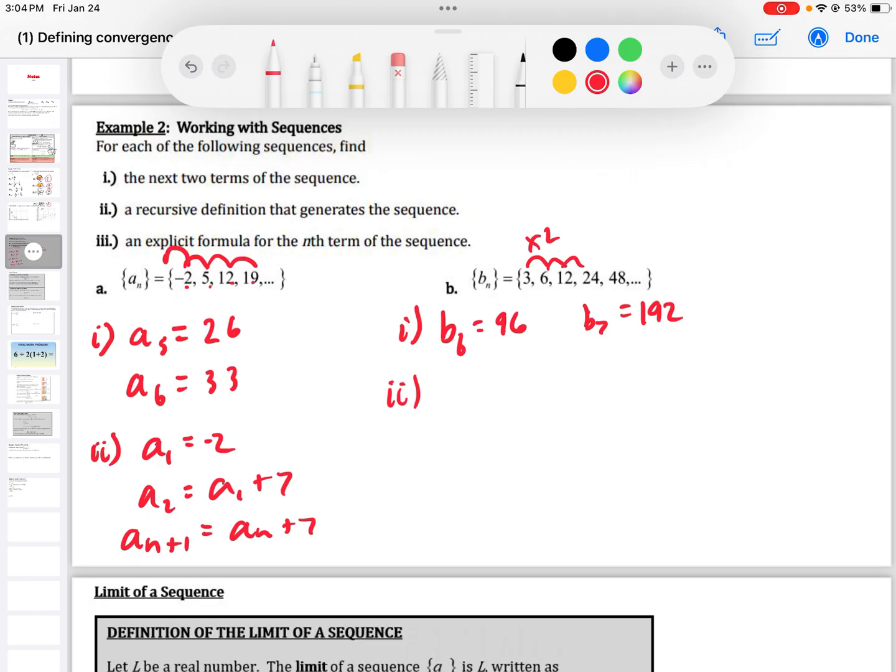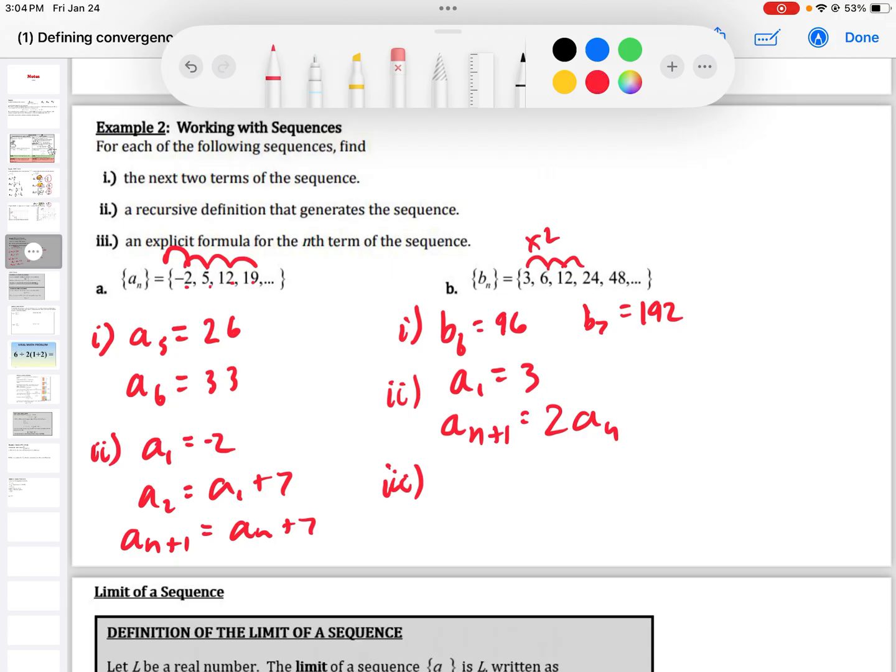Okay, a recursive definition uses the term before it. So I'd say A1 is equal to 3. So the next term, a sub n plus 1, would be equal to 2 times the term before it. So 2 times a sub n. Kind of helpful, but not really, because I need to know the terms before it.